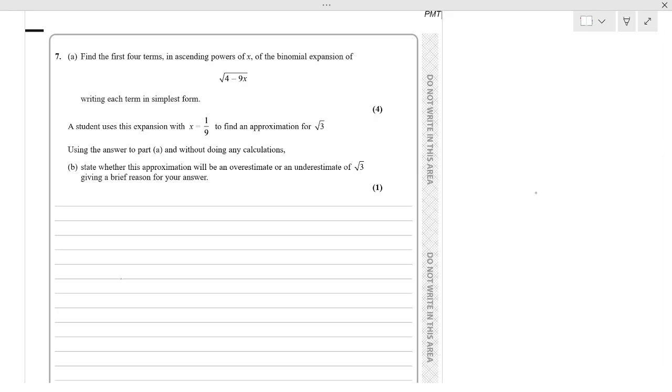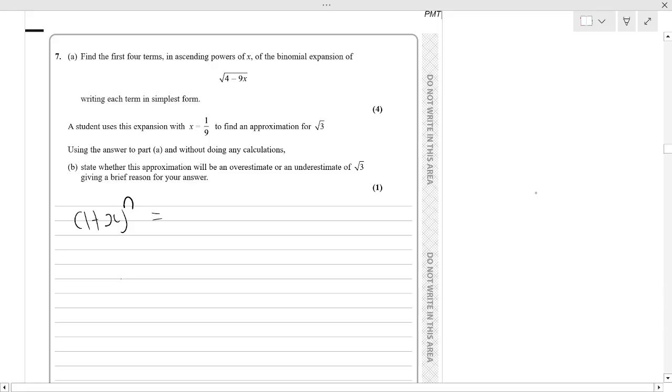But the binomial expansion of (1 plus x) to the n, where n is any fractional or negative index, that is in the formula book.